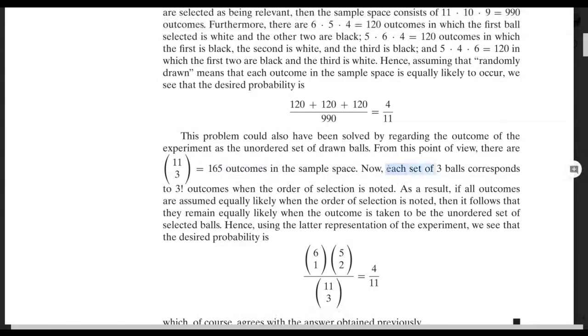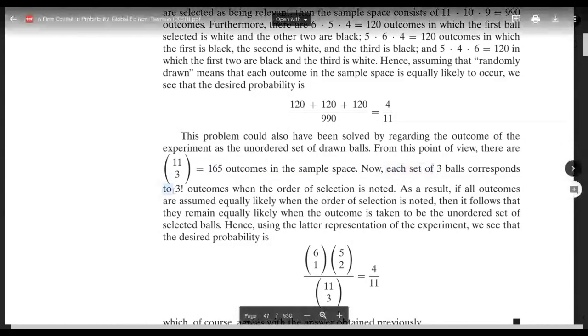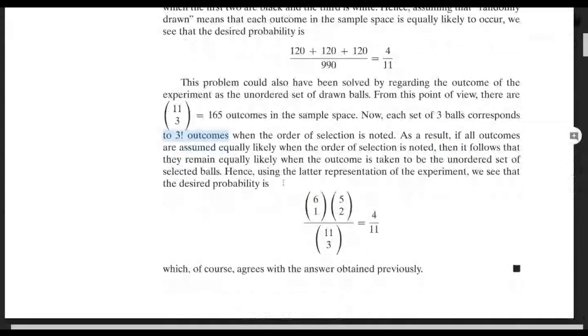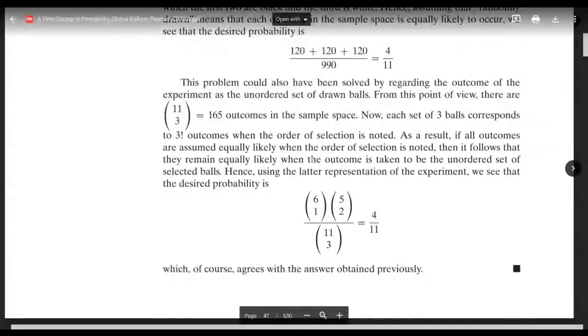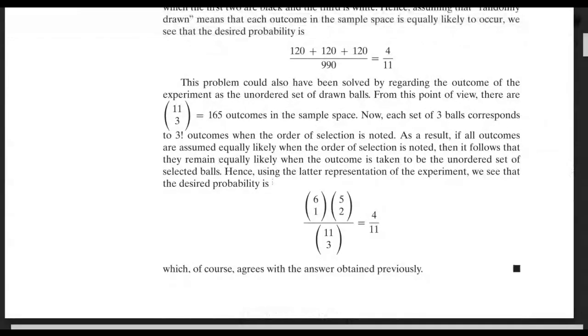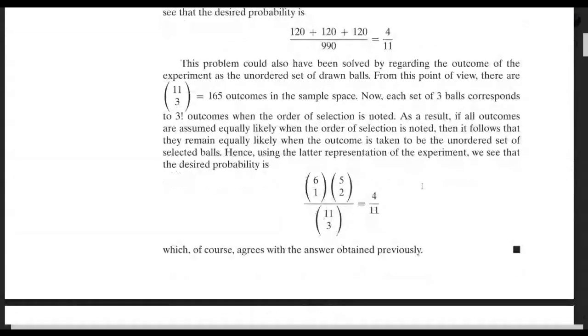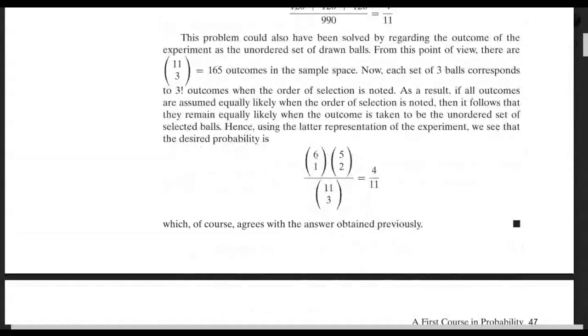Now, each set of 3 balls corresponds to 3 factorial outcomes when the order of the selection is noted as a result. If all outcomes are assumed equally likely when the order of selection is noted, then it follows that they remain equally likely when the outcome is taken to be the unordered set of selected balls. Hence, using the latter representation of the experiment, we see that the desired probability is: out of 6, choose 1, because we have 6 white balls, we just choose 1 of them.